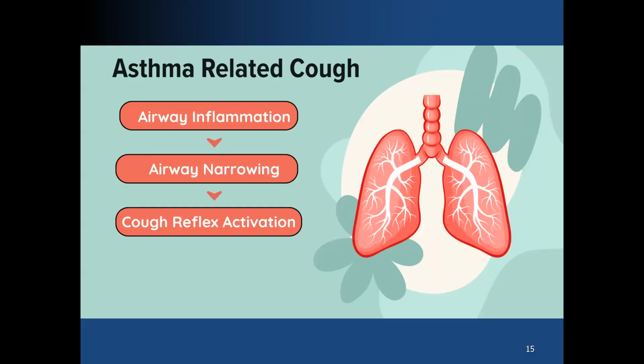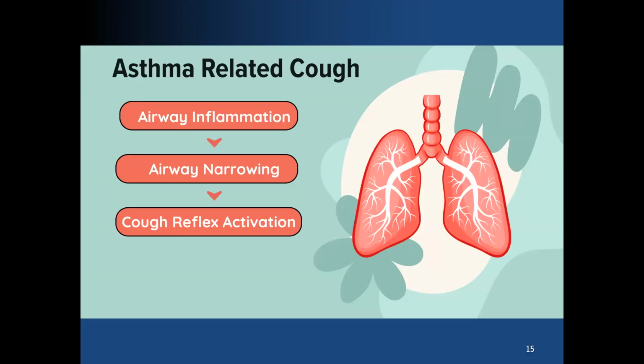During an asthma episode, smooth muscles surrounding the bronchi constrict. This narrowing increases airway resistance and airflow turbulence, which stimulates cough receptors in the trachea and bronchi. Inflammatory mediators like histamine, leukotrienes, and cytokines stimulate excess mucus production.